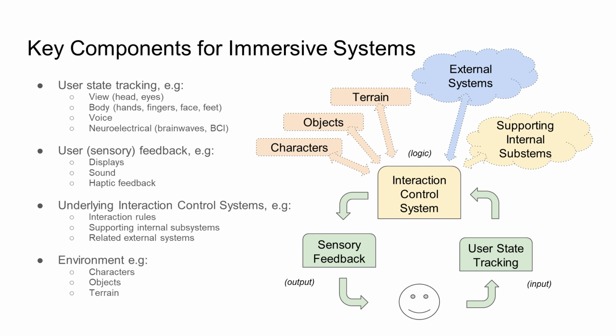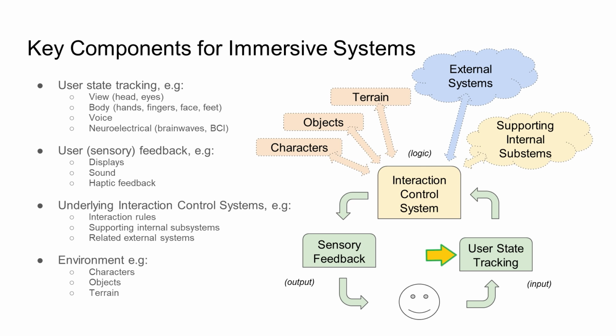Let's start with the smiley face right there in the very middle, which is our user. And then you'll see there's a little cycle happening there. From our user, we've got our state tracking systems. This is the part that tells us what our user is currently doing, where they're looking, what they're holding, or where their hands are at, their body posture, if they have anything that they're saying at the moment.